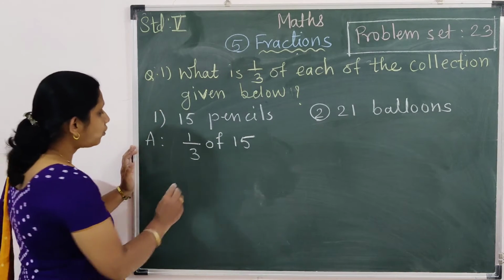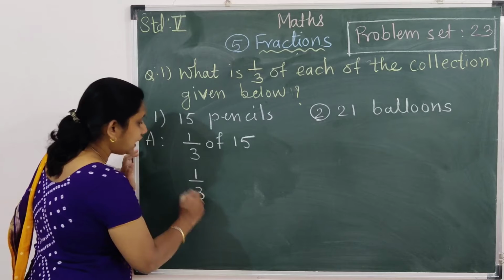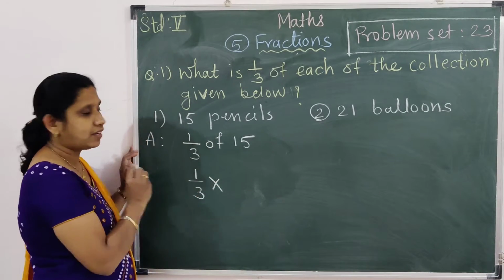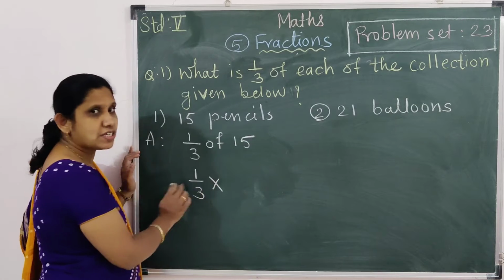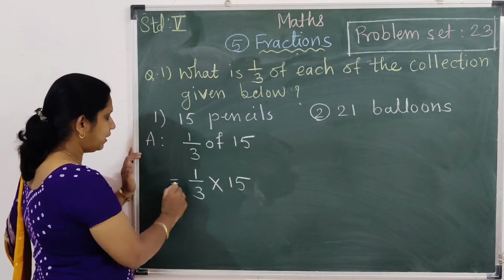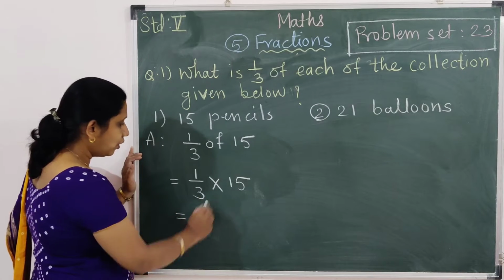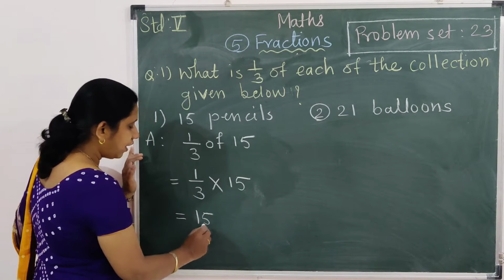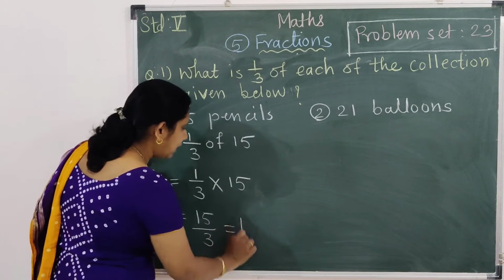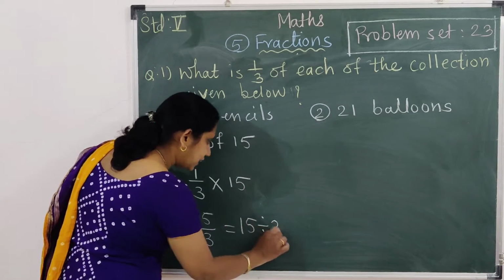It means what to do? Instead of the word, we have to use the symbol of multiplication. 1 upon 3 into 15. This is equal to 15 upon 3. That is 15 divided by 3.